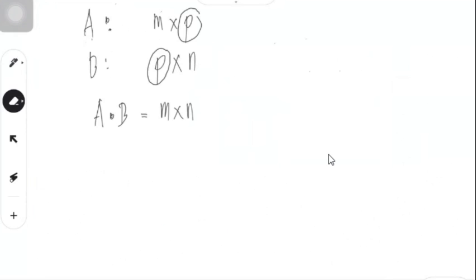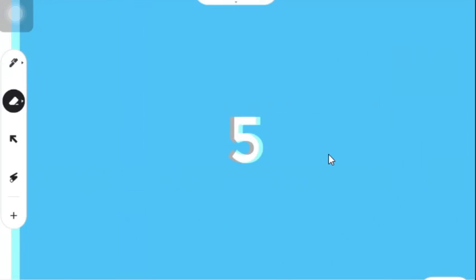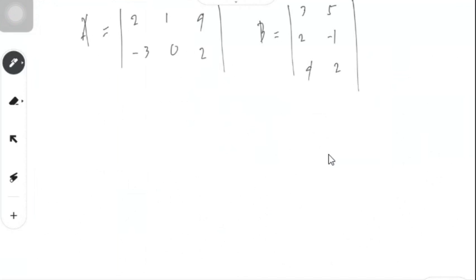Let's have an example. Given matrix A, whose elements are 2, 1, and 4, negative 3, 0, and 2.